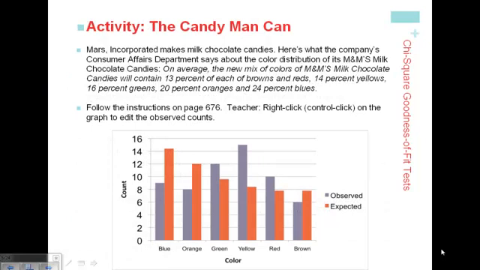So, here's what we've got. Candy company, Mars, creates milk chocolate candies. Those candies are known as M&Ms. In fact, I happen to have a sample of M&Ms right here.